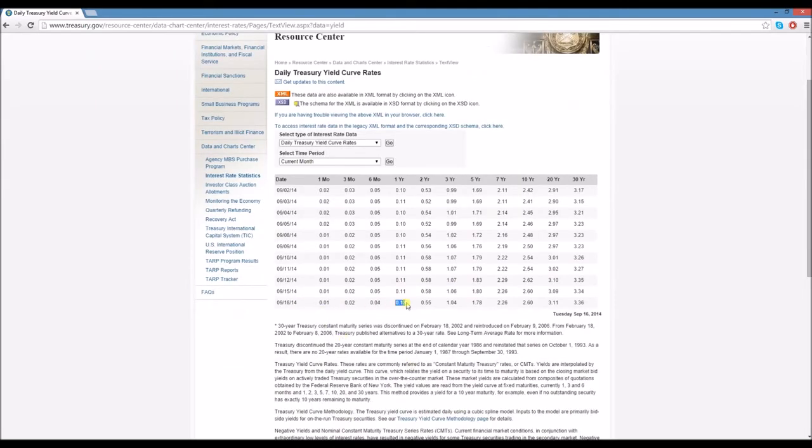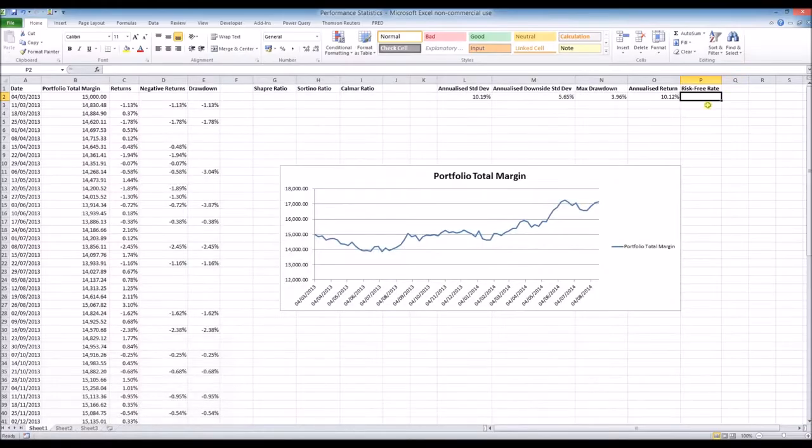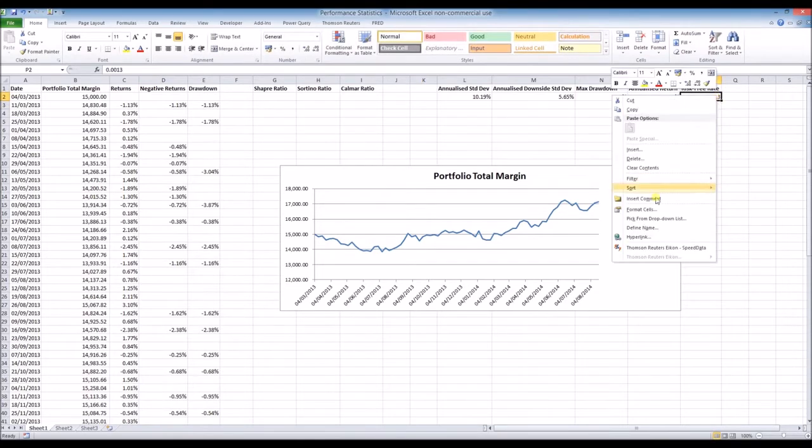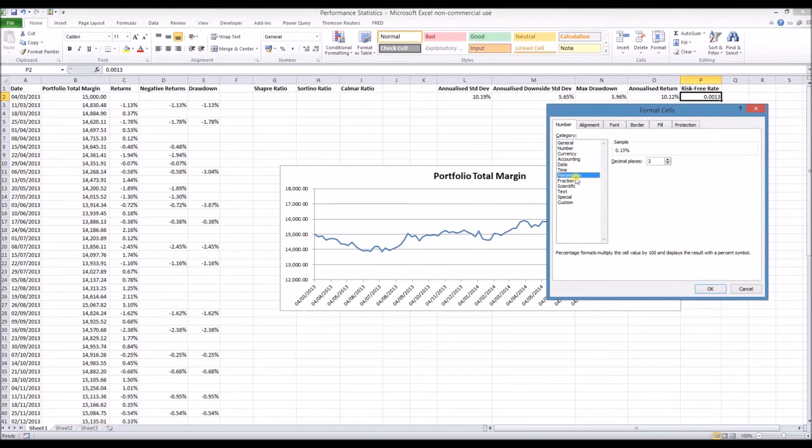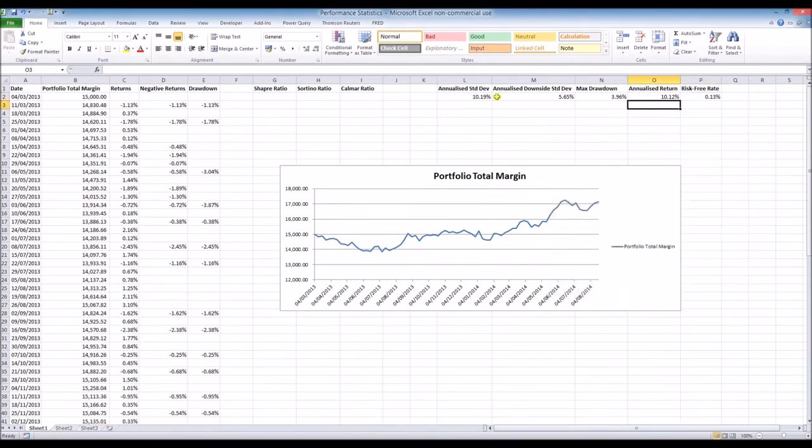So that is 0.13%, and just put that in here as a decimal. Then we can change it to a percentage. Okay, so these are all our inputs now that we can use to calculate the Sharpe, Sortino and Calmar ratios. So let's move on to that, and I'll explain a touch more about them as we go through.